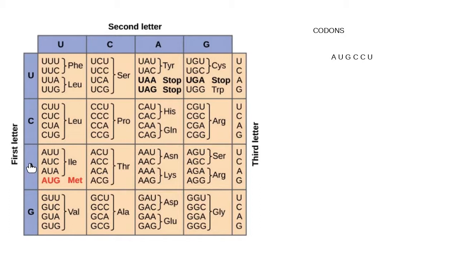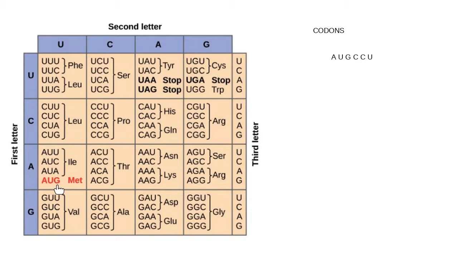In this row then, I'm looking for the column that lines up with U. So my second letter tells me which column I'm in. I know I'm going to be in this column. So we had this row for A, we had this column for U, and then I can find my G right here.